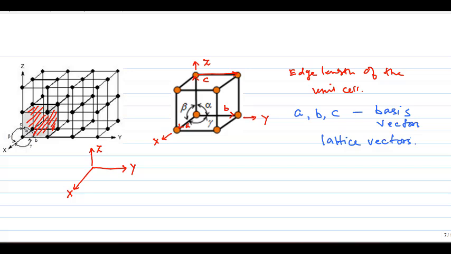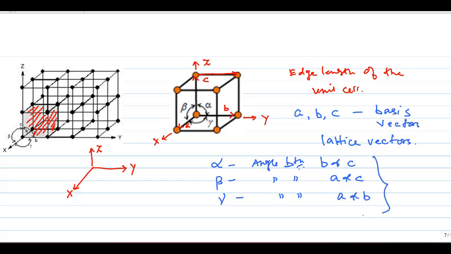Okay. Following the general convention, alpha is the angle between B and C, beta is the angle between A and C, and gamma is the angle between A and B.